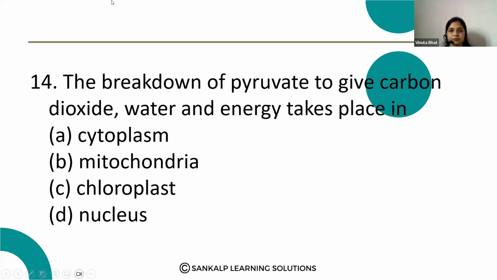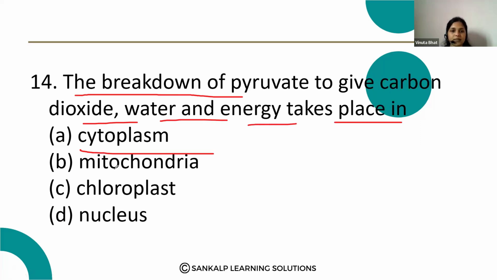Next question. The breakdown of pyruvate to give carbon dioxide, water and energy takes place in cytoplasm, mitochondria, chloroplast, nucleus.